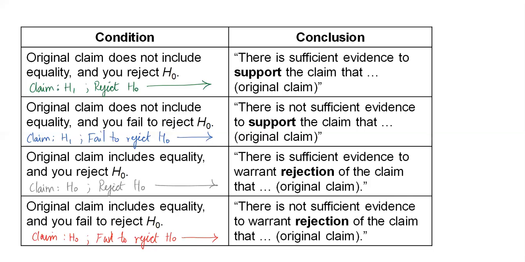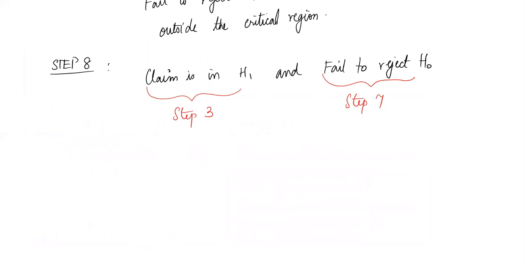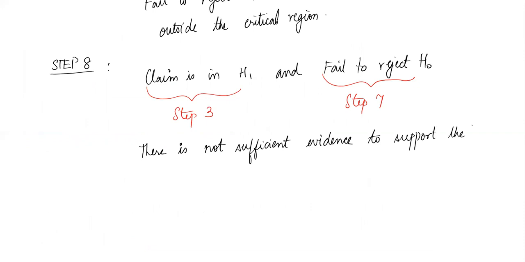And so the conclusion is there is not sufficient evidence to support the claim. Come down here. There is not sufficient evidence to support the claim that, and then insert the language from here.